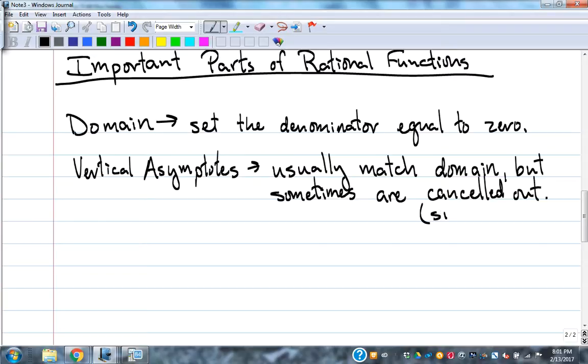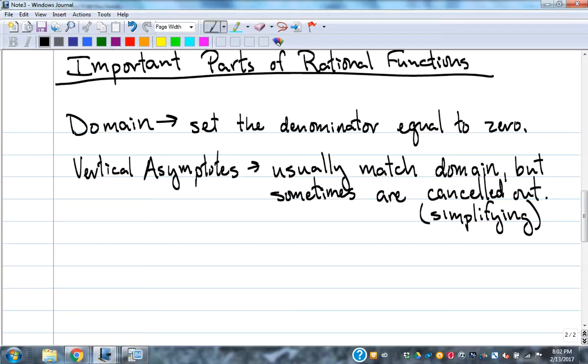They're canceled out through the simplification process. So after you found the domain, you're going to factor top and bottom and simplify if possible. If it is canceled out, then the vertical asymptote won't show up, but that number would be in our domain. We're going to see that with some examples here.